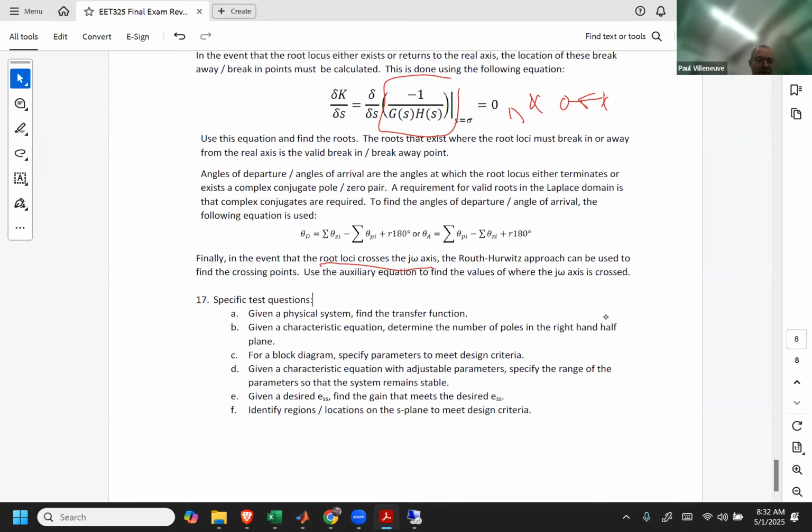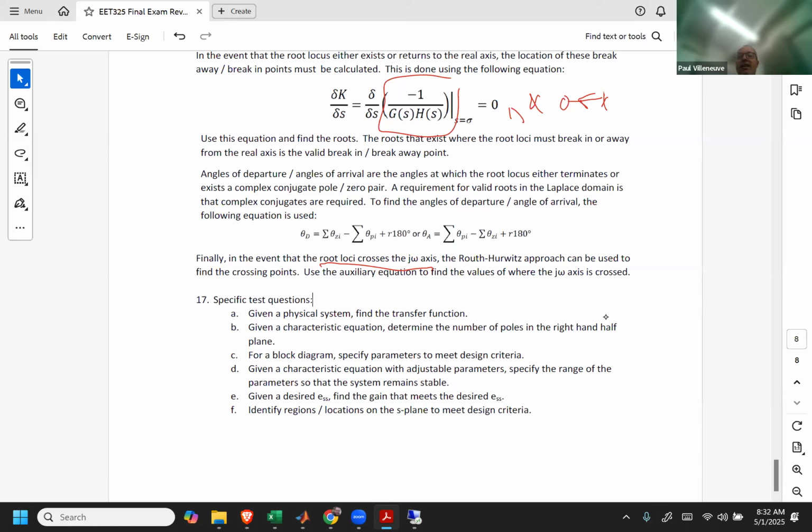And here are specific test questions. I give you a physical system, find a transfer function, and I'll tell you which transfer function I'm looking for. If I give you a characteristic equation, determine the number of poles in the right-hand half plane, and there's a bunch of ways to do that. If I give you a block diagram, tell me some parameters to meet design criteria.